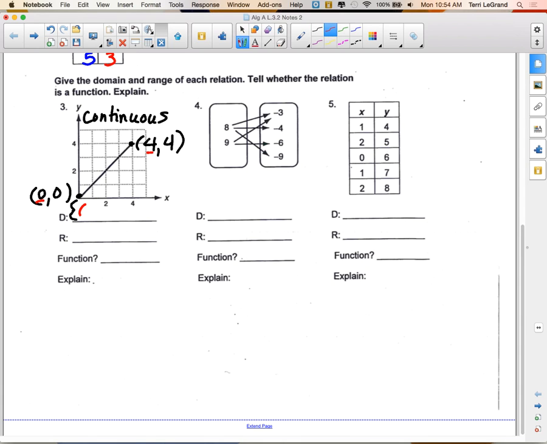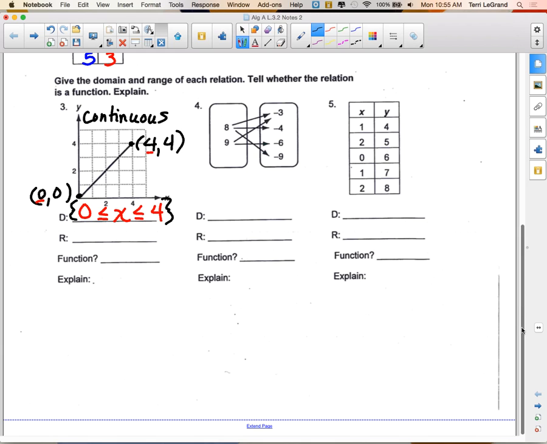So we're going to say 0 is less than or equal to x is less than or equal to 4. And close our set notation. So in other words, x can be anywhere from 0 through 4. Any point on that line falls in that region.